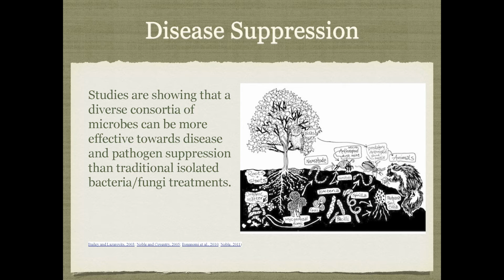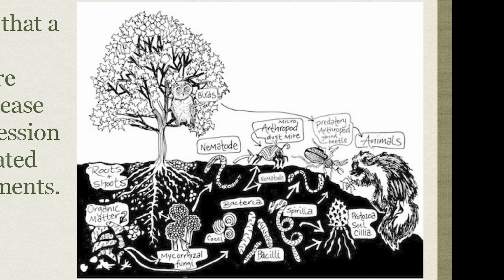Studies are showing that a diverse consortia of microbes can be more effective towards disease and pathogen suppression than traditional and isolated bacteria or fungi treatment. So we have a photo of the soil food web, and I wanted to show this photo because of how we started this presentation talking about the importance of biodiversity in your soil.